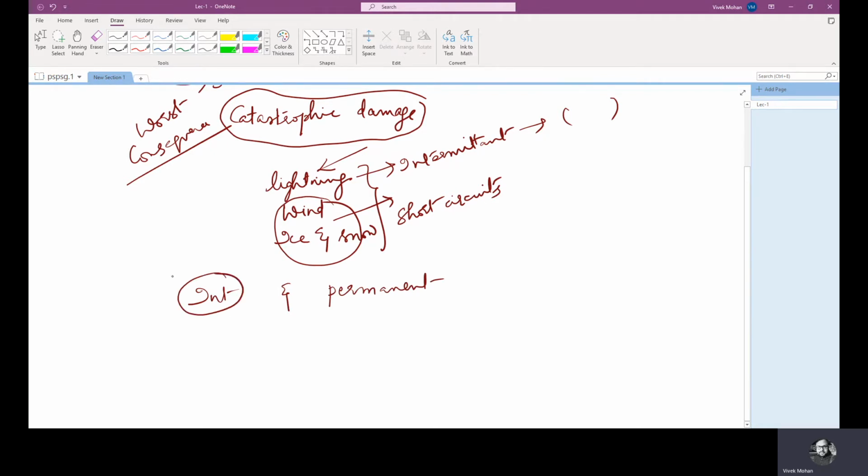Common causes can be lightning, as we already discussed. It can be a lightning strike on the transmission line. Then a strong wind causing two phases of the transmission line to touch and form an arc.